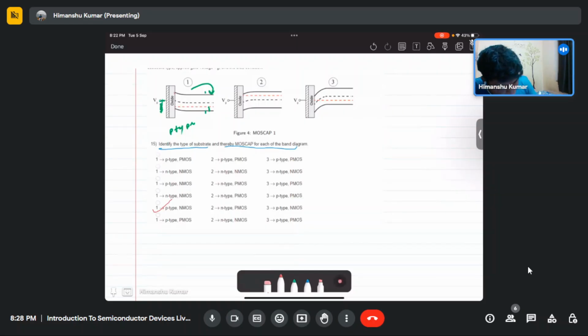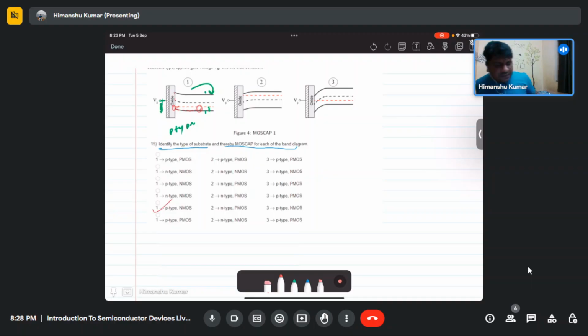So how can we solve this EF minus EV gap? As you can see, at the interface the gap is less. As you move deep, the gap will become more and more, and then it will become constant.